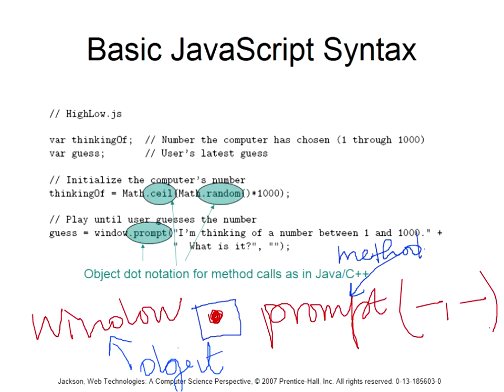So we write object dot method like Java or C++. It is clear?